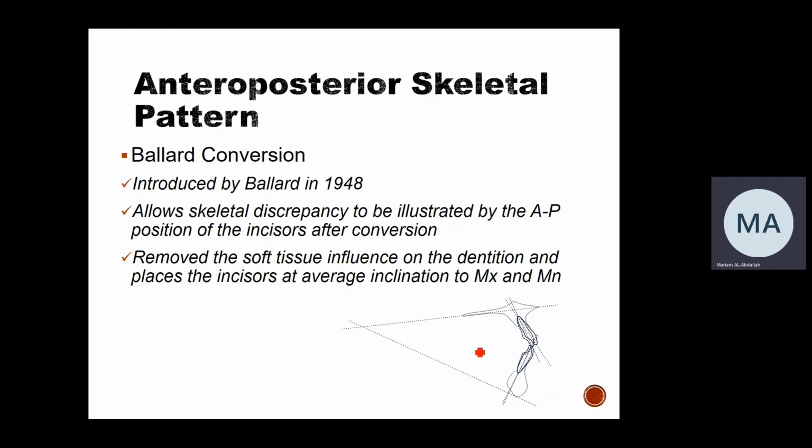And the opposite is true for class 3 malocclusions. Okay, so Ballard's conversion is based on removing such soft tissue influence on the dentition. How? By bringing the upper incisor to the average angle with the maxilla and bringing the lower incisor to the average angle to the mandible, but average in relation to the maxillomandibular plane angle.